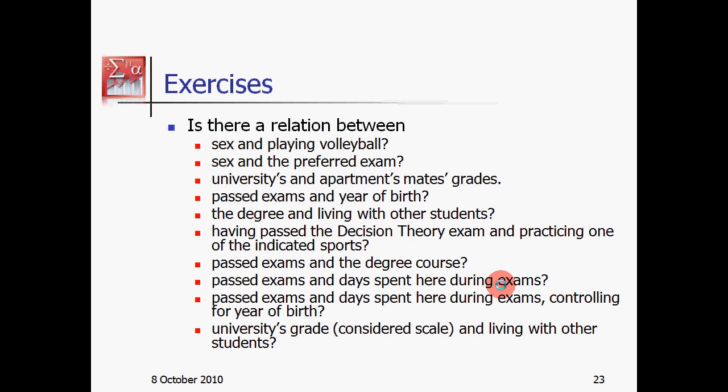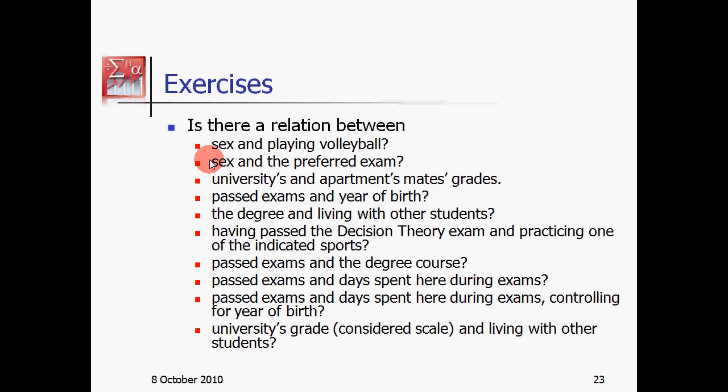Let's see some exercises. We have already done the first. Let's see, is there a relation between sex and the preferred exams? Well, it's very easy to do this exercise because you just look at the variable types. Sex is nominal, 2 values. Preferred exams is nominal, 5 values, I think, or 6.